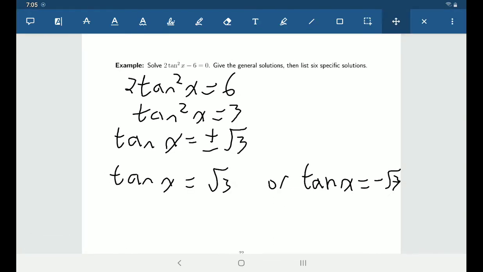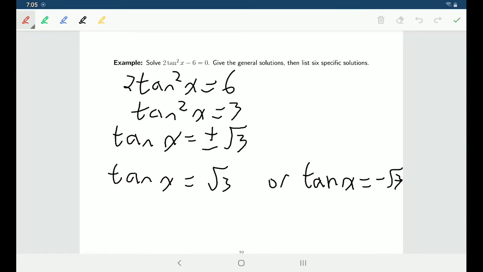Okay, so far so good. Now we're looking for the general solutions to this equation, and so we'll look for the general solutions to tangent x equals root 3 and tangent x equals negative root 3. The thing, of course, for us to remember is that for tangent, the period is pi, which means we don't need to find solutions in all 4 quadrants.